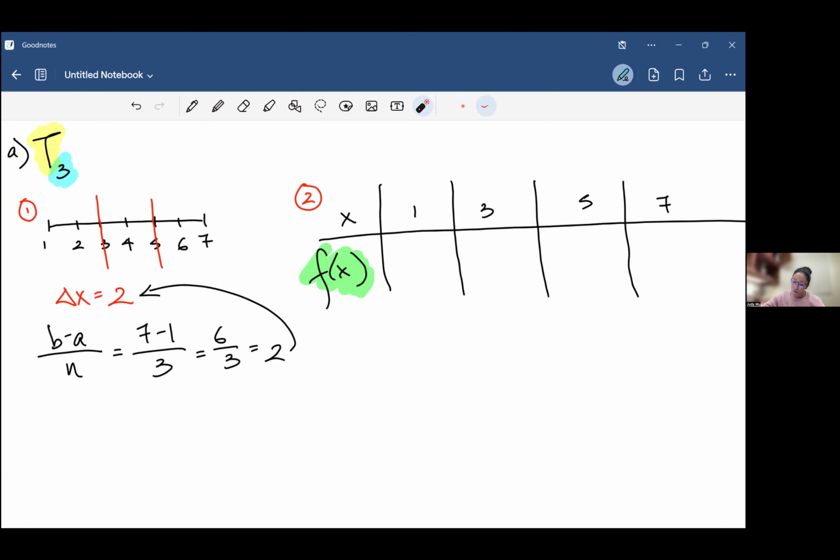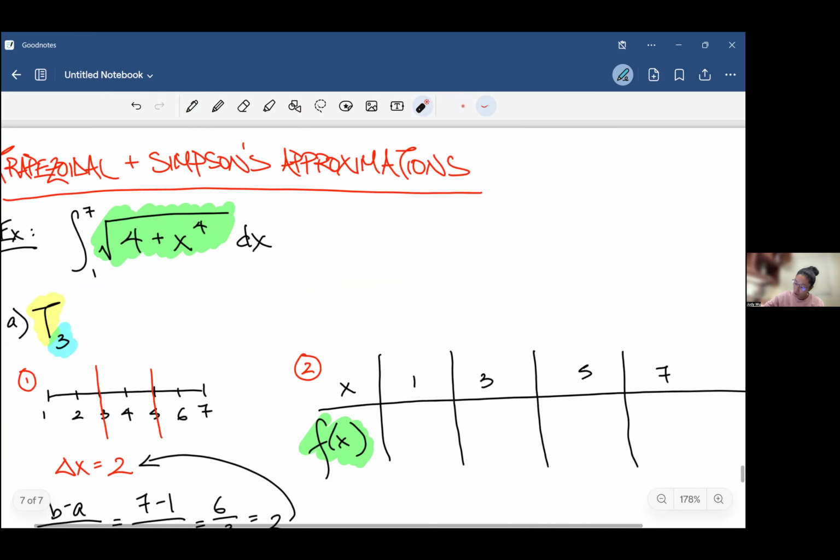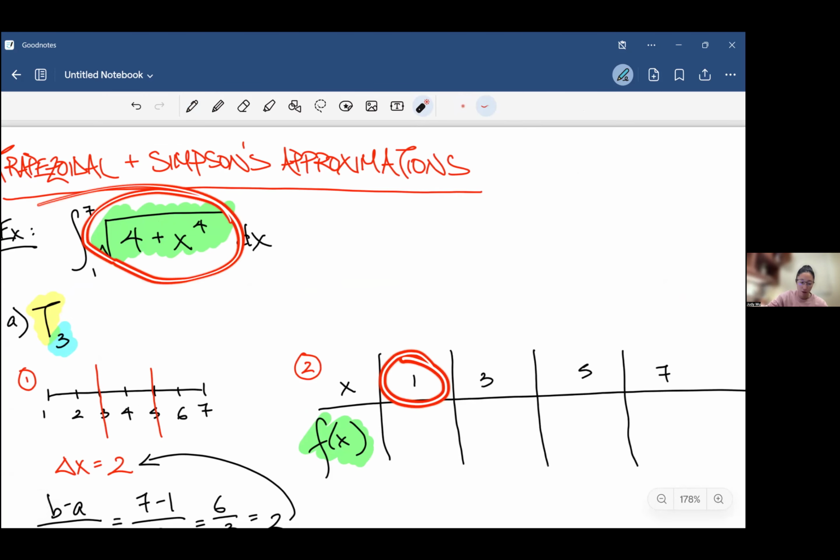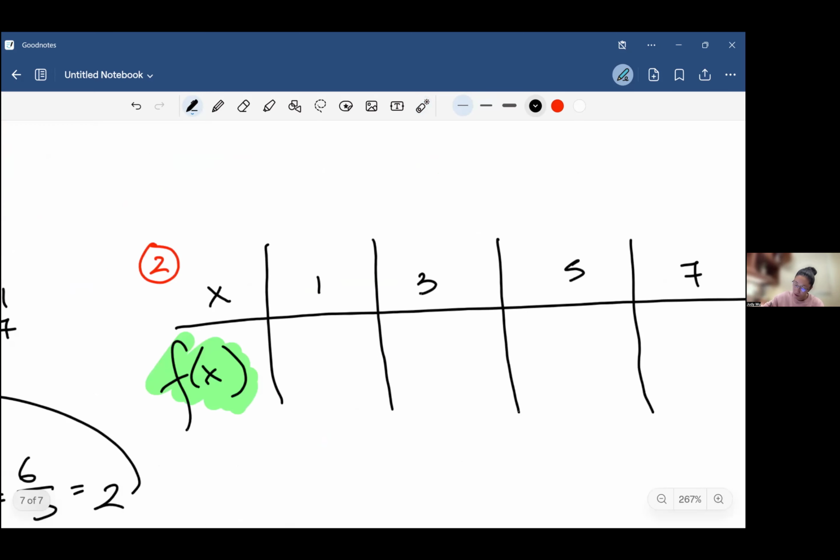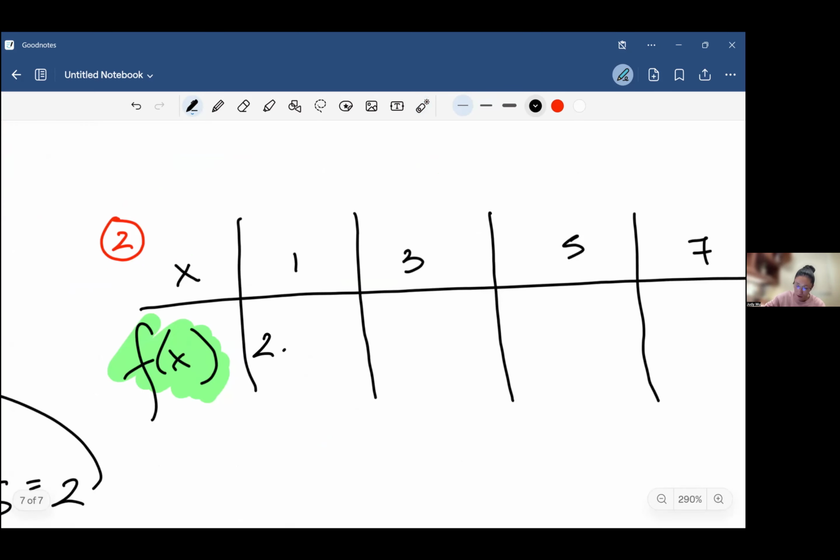So first, we're going to take 1 and plug it into our function. So I get the square root of 4 plus 1 to the 4th. And that gets me a decimal of 2.2361. Okay, I'm going to do the same thing with 3. Square root of 4 plus 3 to the 4th. And that gets me 9.2195.